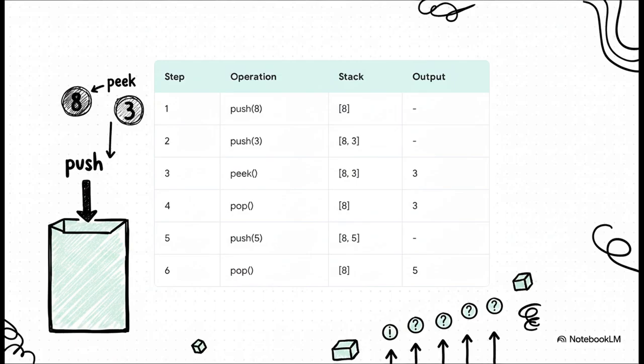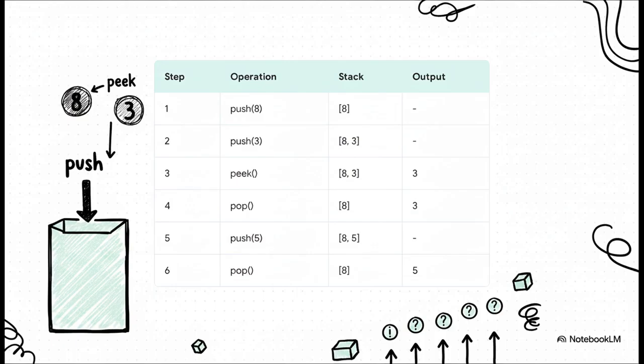In Step 1, pushing 8 leaves us with a stack containing just an 8. Step 2, pushing 3 puts 3 on top, so our stack is 8, then 3. Now, what's really interesting here is Steps 3 and 4. In Step 3, we execute a peek. The stack stays exactly the same, 8, then 3. But it outputs the value 3 because 3 is the newest item resting right at the top.